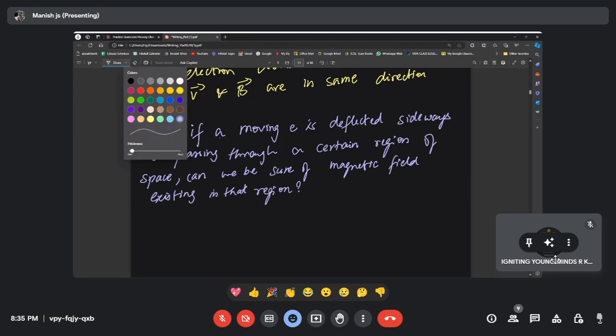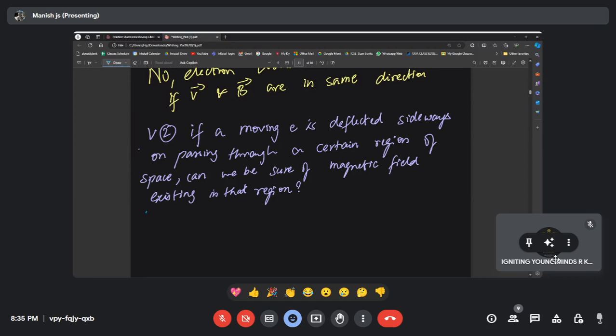Can we be sure of it is the question. That there is a magnetic field existing in that region. So if a moving electron is deflected sideways on passing through a certain region, can you be sure that a magnetic field is existing in that region? Is the question.